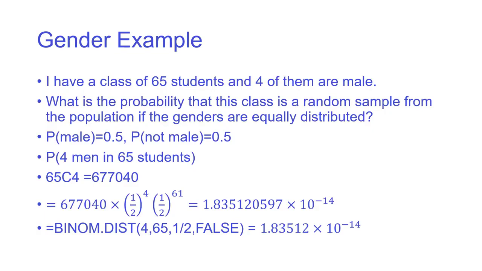It's very unlikely that you're going to get 4 men out of 65 students. And you put that into Excel by doing equals binom.dist, open brackets 4 for the number of men, the number of successes, comma 65, the number of trials, probability is a half, and again you put in false.